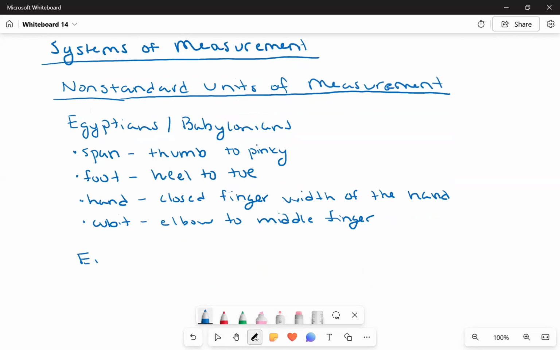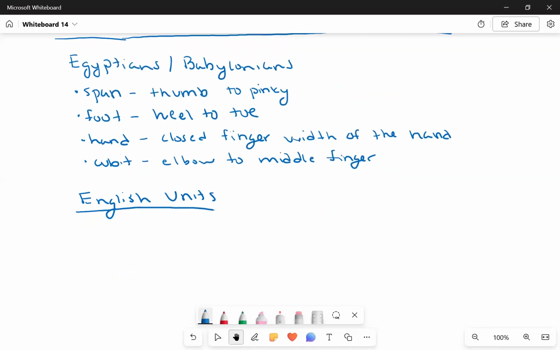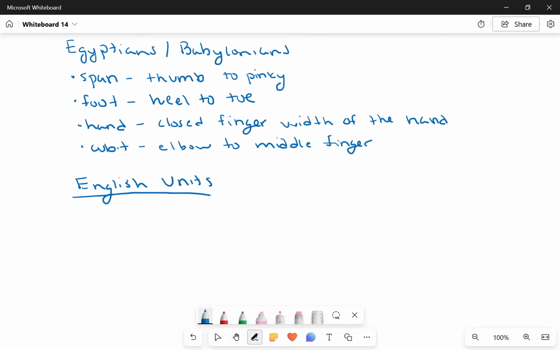Now we use the English units of measurement here in the United States. We measure length, starting with our smallest, inches, feet, yards, miles. Often when we go smaller than inches, we do switch to the metric system, but we'll talk about that in the next video.